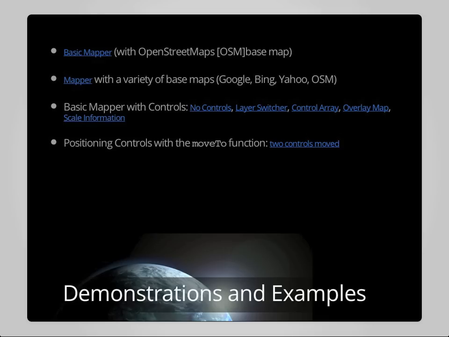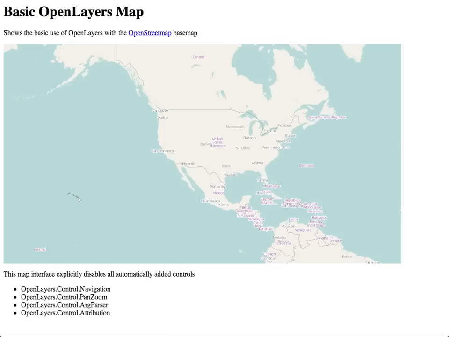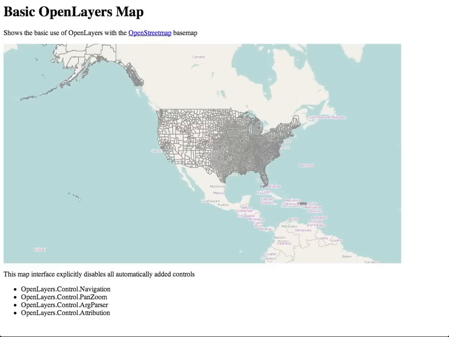So let's talk a little bit about controls. Each map has, by default, a set of controls, and those include the background navigation control, the pan and zoom control, another background argument parser control that allows you to essentially return to a map using a set of arguments provided in the request, and then a control for attribution, that can display attribution information about particular layers in a map.